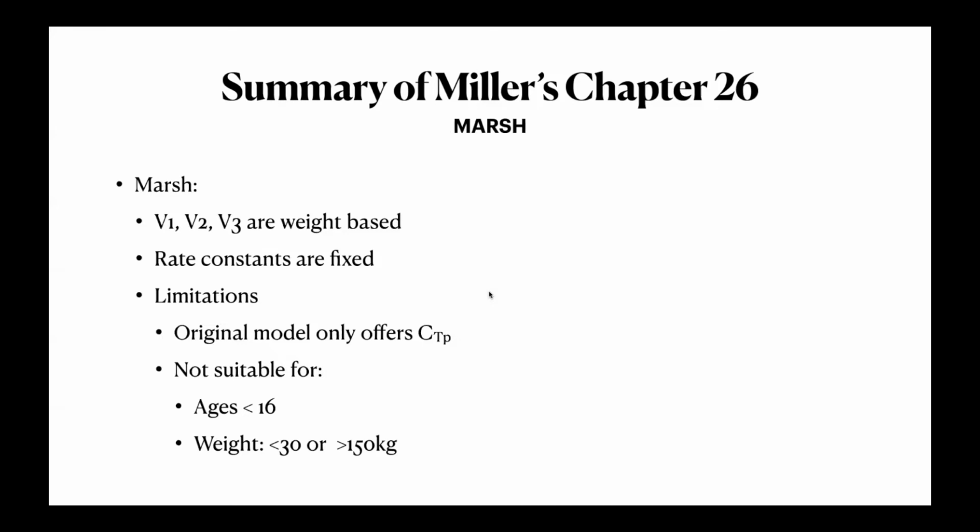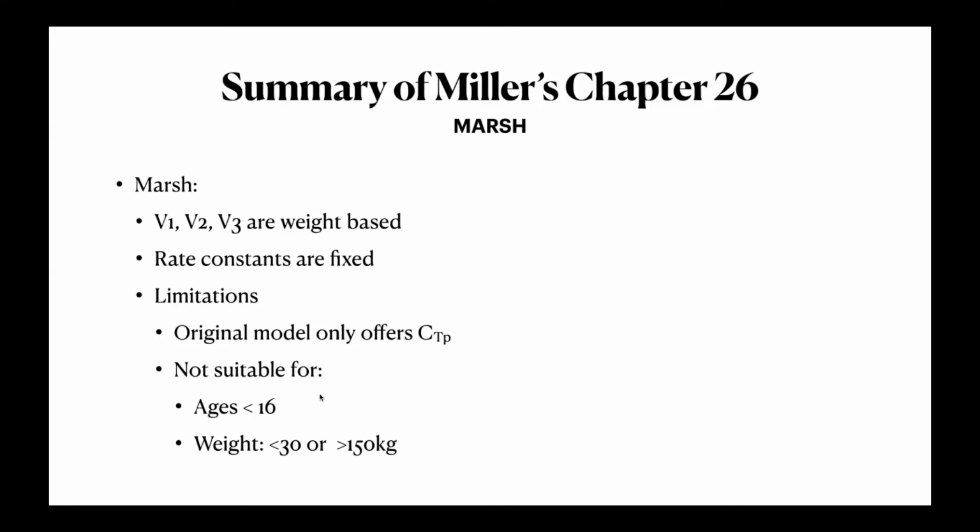Now the Marsh model. The way to remember it is that V1, V2, and V3 are weight-based, and all the rate constants are fixed. The limitations are that the original model, which is the one in most hospitals, only offers plasma target concentration. There are newer ones out there which will offer effect site target concentration, but the ones that you'll see in most hospitals only do plasma.